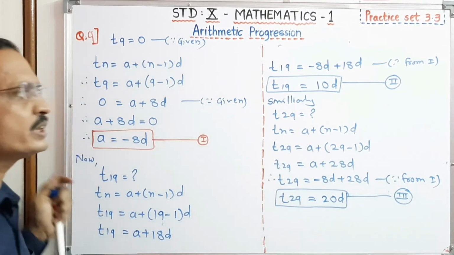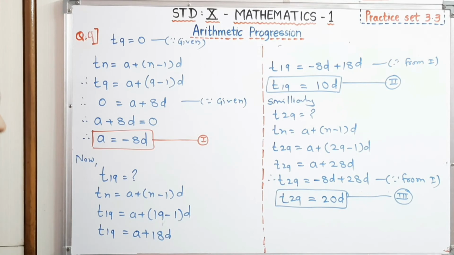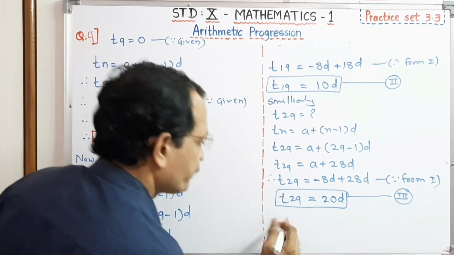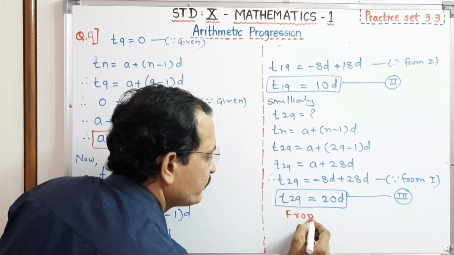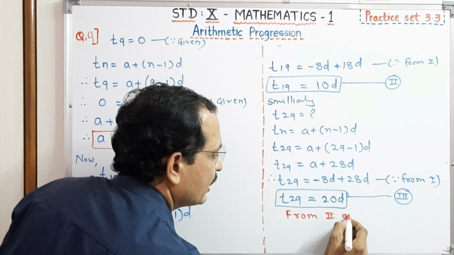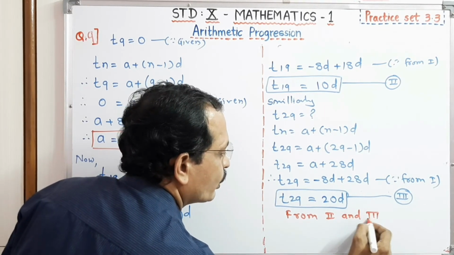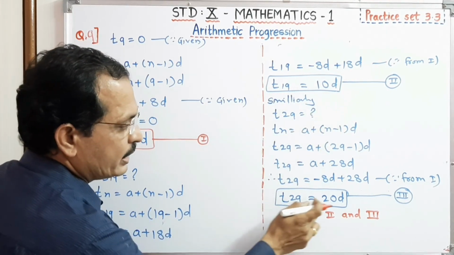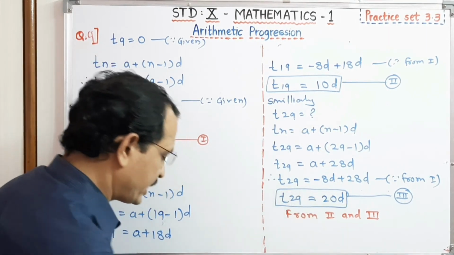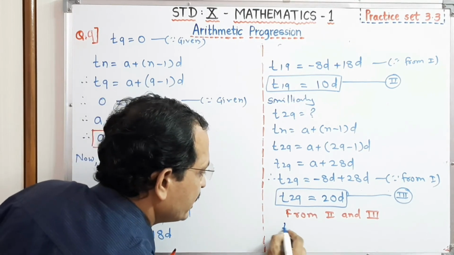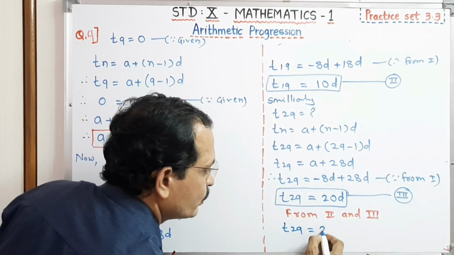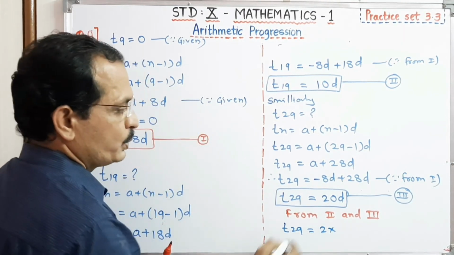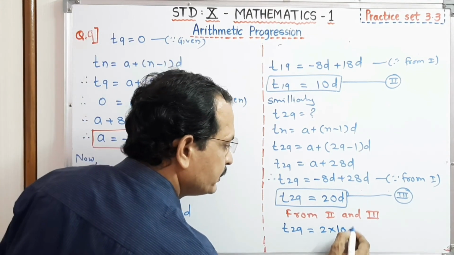Now observe statement number 1, 2 and 3. From 2nd and 3rd, what we observe? T19 is equal to 10D and T29 is equal to 20D. That means we can write here T29 is equal to 2 into 10D.